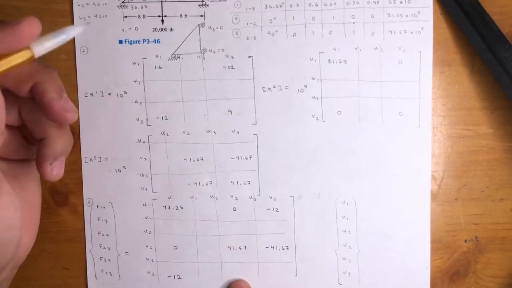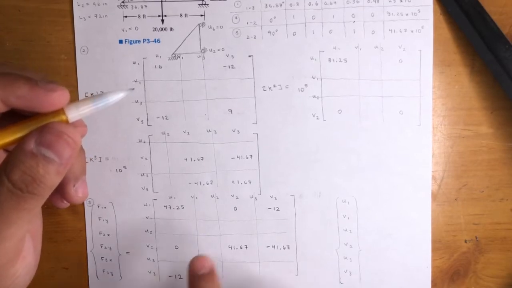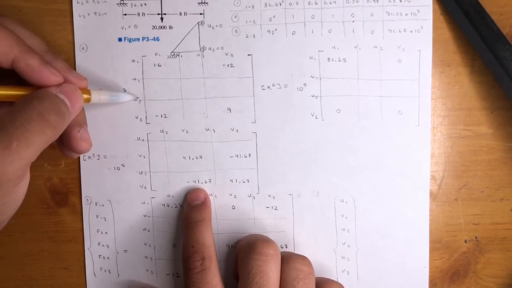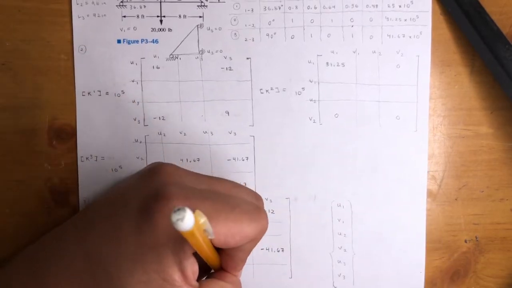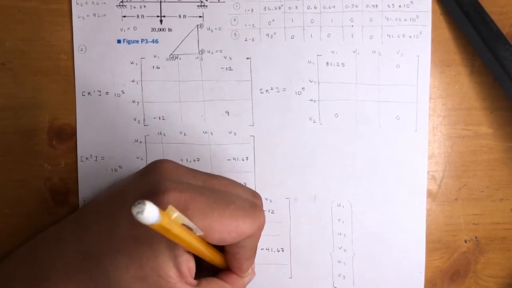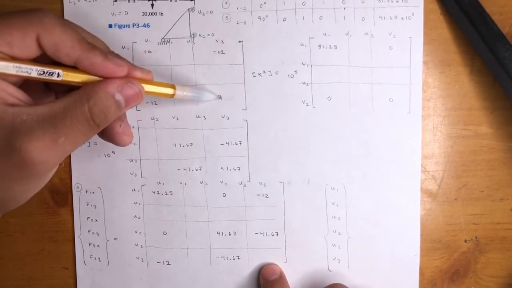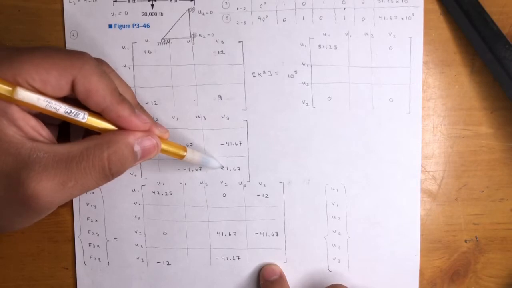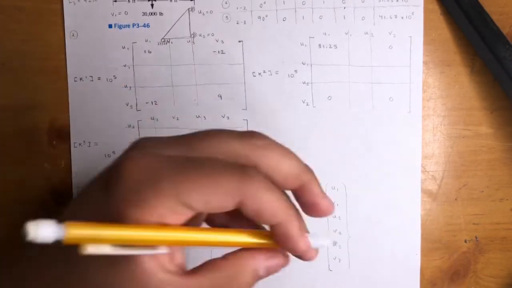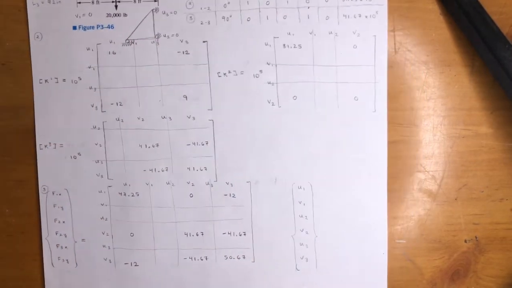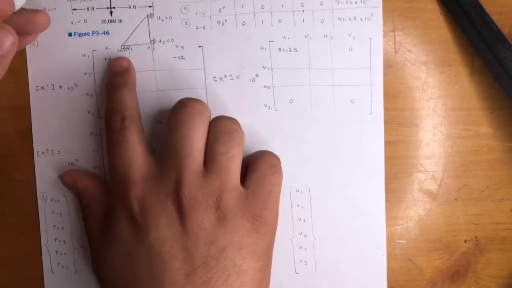This one should be -41.67. Let's see. V3, V2. There's one right here. -41.67. Nothing here. Nothing here. Yep, it's working out. Well, it worked out actually. And this one is V3, V3. There's a 9 right here and a 41.67. There's nothing here. That's going to give you 50.67.